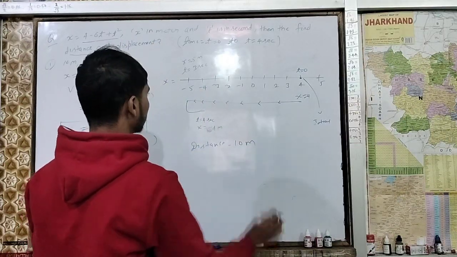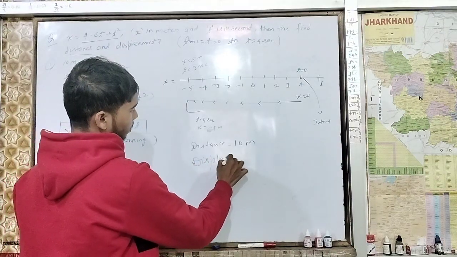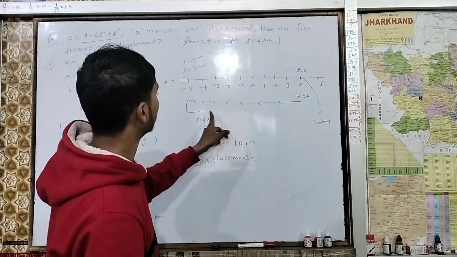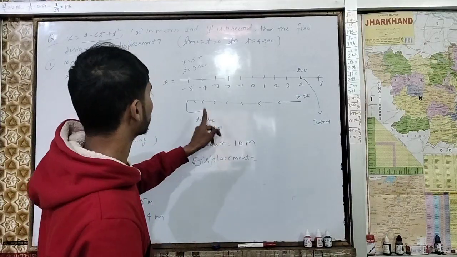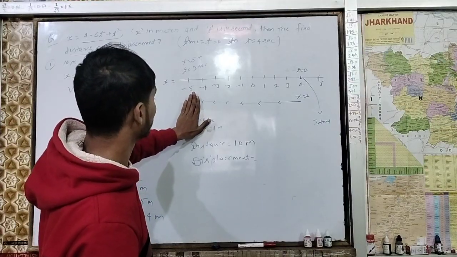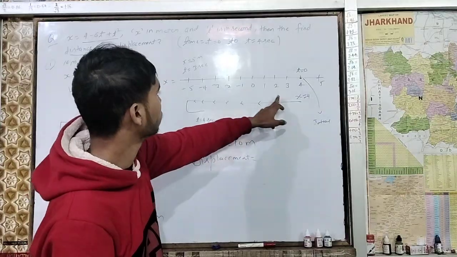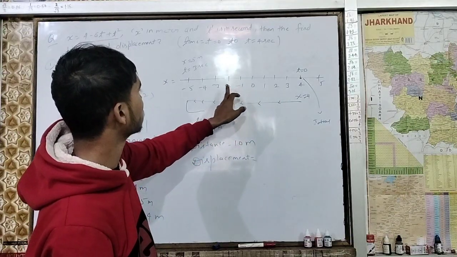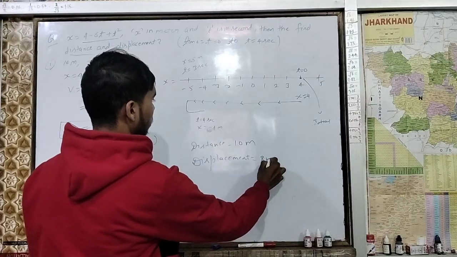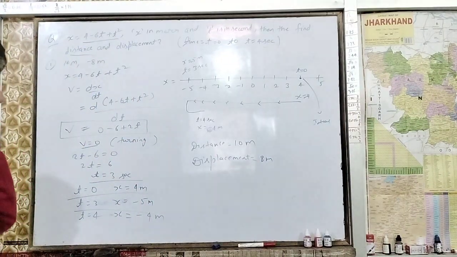It covered a 10 meter distance, but when it comes to displacement, we say shortest path, from here till here. The initial point is there, this is our final point. We will ignore this part, okay? So from 4 till minus 4, 1, 2, 3, 4, 5, 6, 7, 8 meters. 8 meters. But hold on.